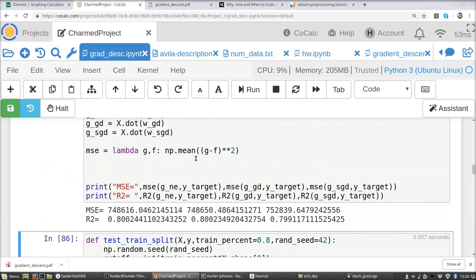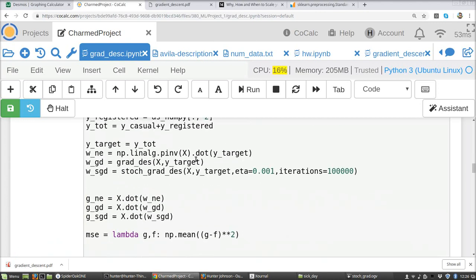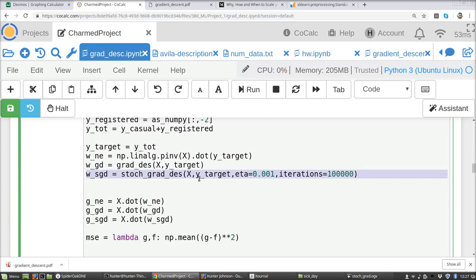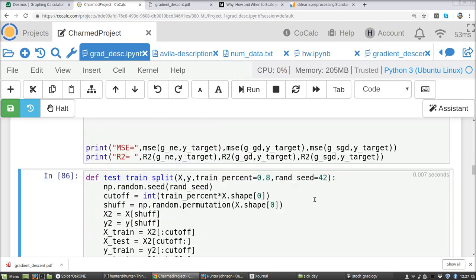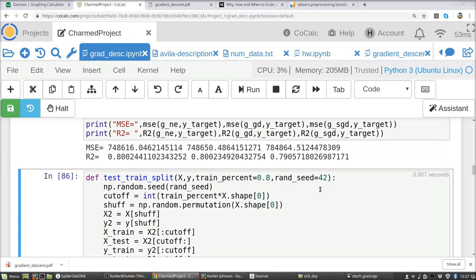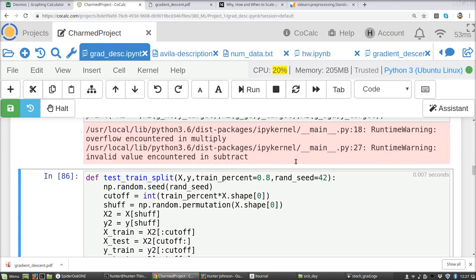This is a little bit off topic, but since we're fooling around with this, let's see what happens. This stochastic gradient descent was a case where I had to mess around with eta a little bit. It was not converging for eta equals 0.1.